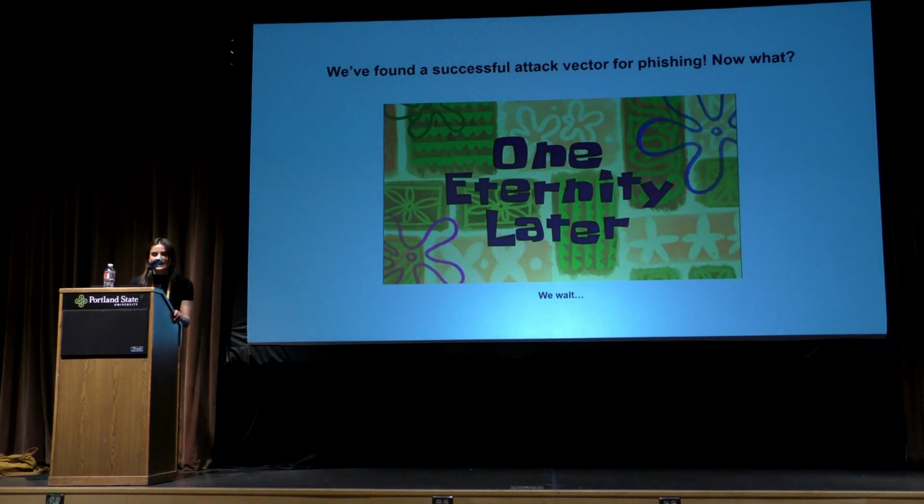So after finding a successful attack vector for phishing, now what do I do? I wait. Since these were messages being sent in real time, there was a lot being sent pretty frequently, so if you just send one message, it's pretty hard to get a lot of data back.